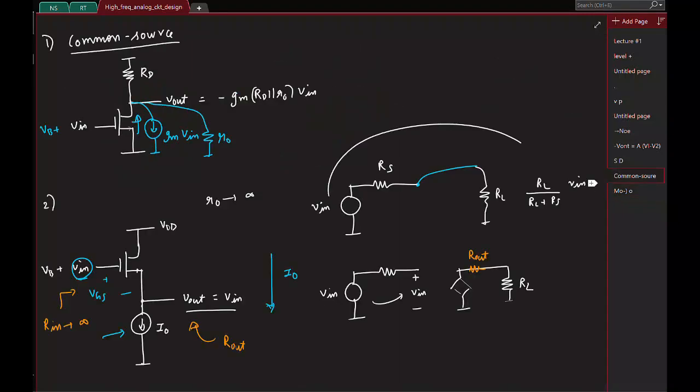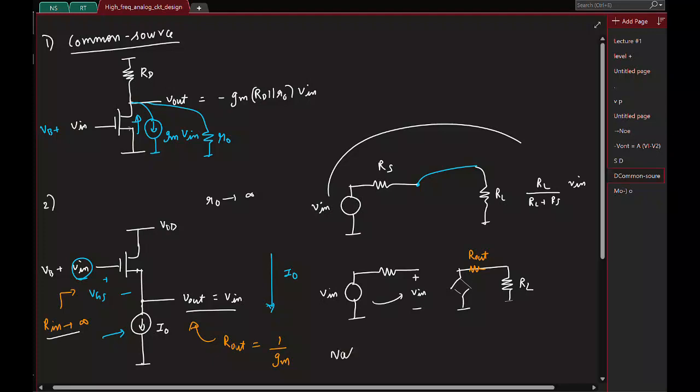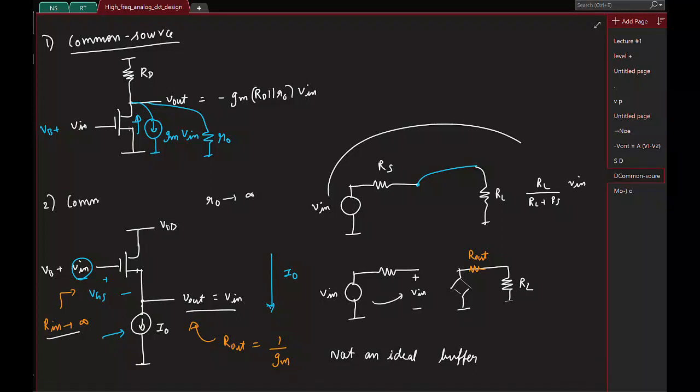So here you see that we have an infinite input resistance, but the output resistance is what? 1 over Gm. So this is not an ideal voltage buffer, but it's a decent voltage buffer. Okay, so not an ideal buffer. And what configuration is this called? This is common drain, right?